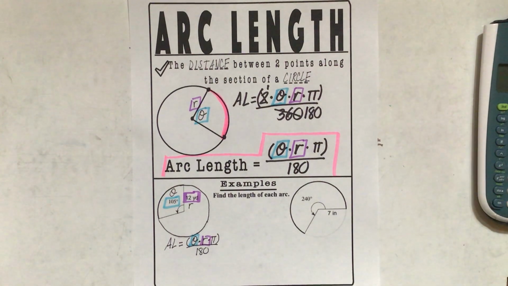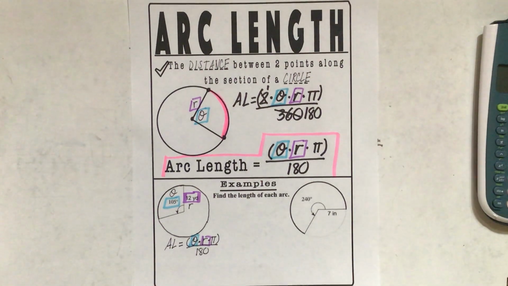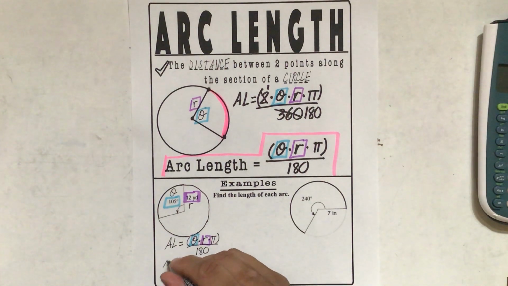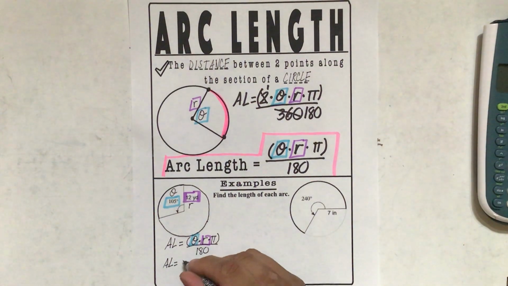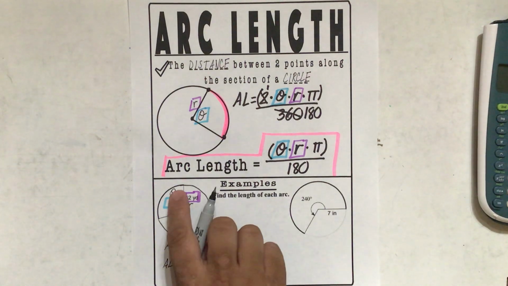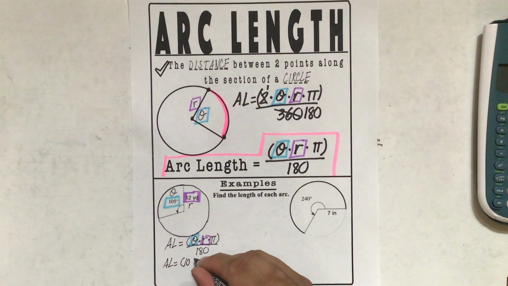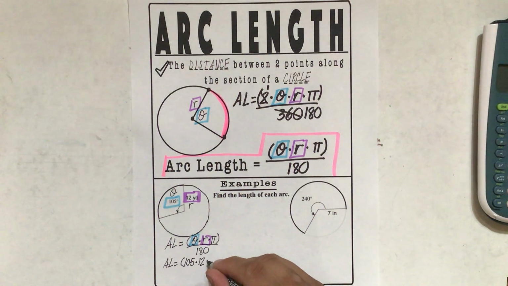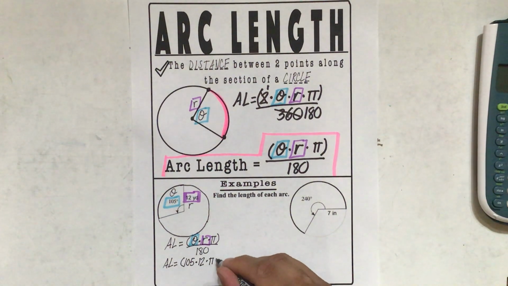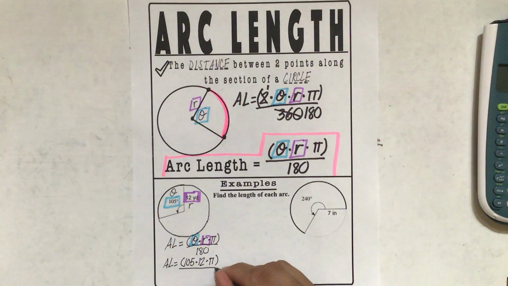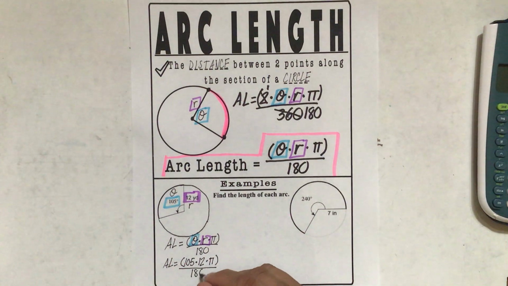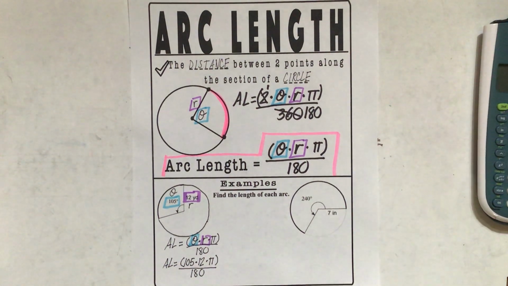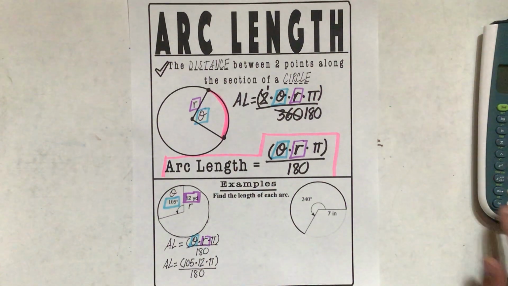All right, let's just substitute now. AL is equal to parentheses. What's my theta? Theta is 105, times my R, which is 12, times pi, divided by 180. You're going to use your calculator to calculate pi.